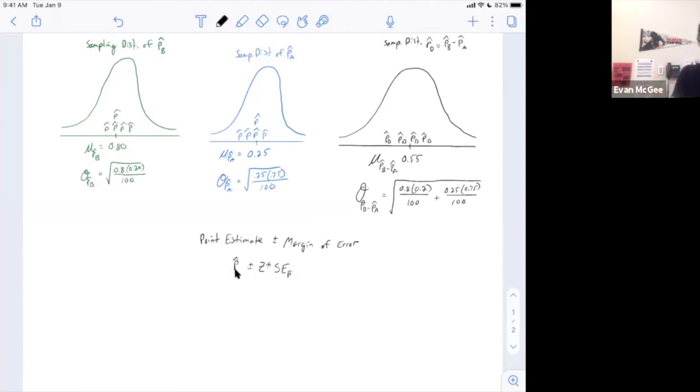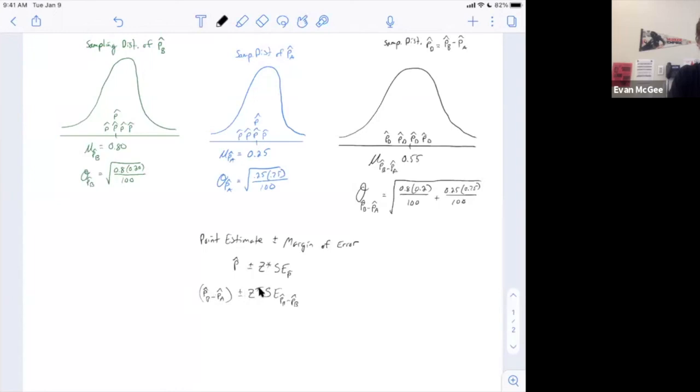So our formula, we have to incorporate both samples. Our point estimate is our estimated difference between Brazil and America. So our point estimate is going to be the difference between the two samples that we've taken. And so this is what our formula is going to be for a two sample Z interval. Our point estimate is the difference between the two samples.